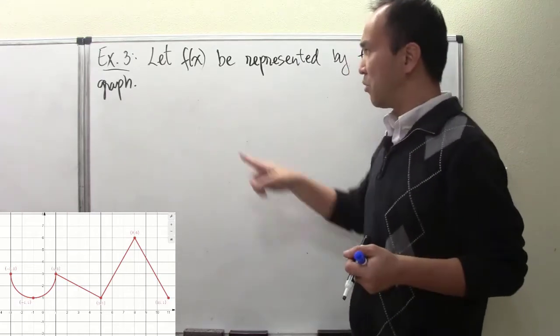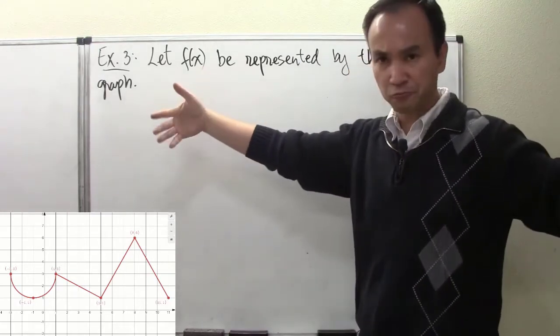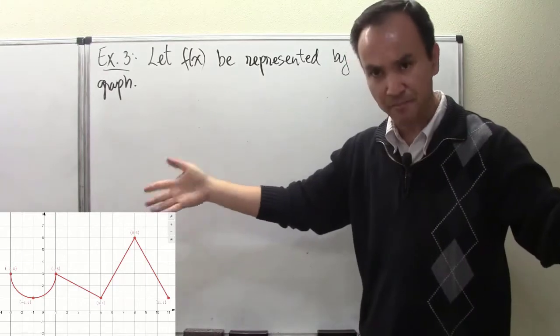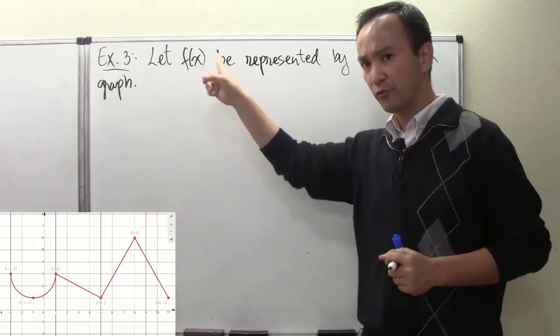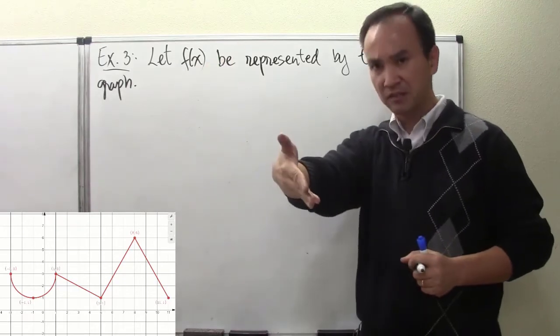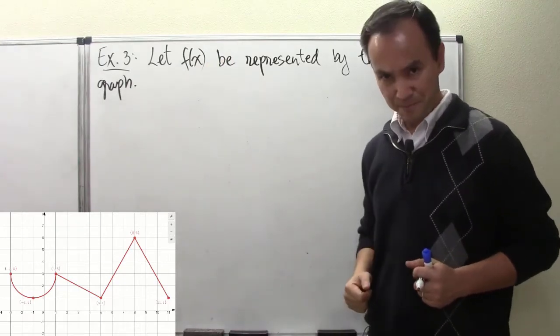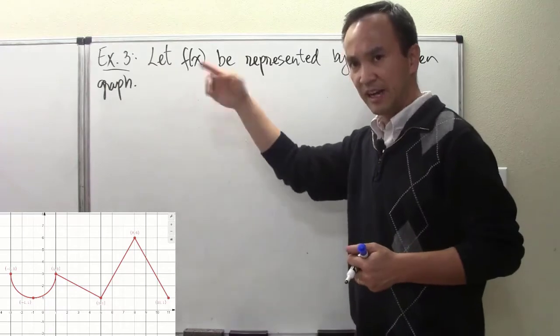Now whatever the function is, there has to be a rule already. There must have been a rule. It's just that we don't have to specifically know that rule. But that rule for f of x has already been represented as the graph here. So we're treating f here as a parent function.